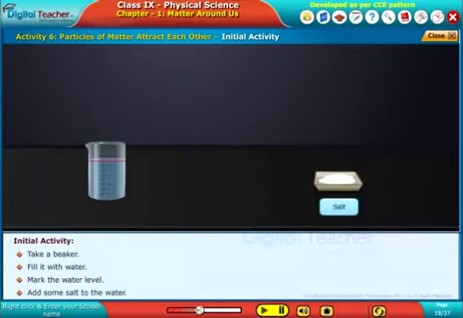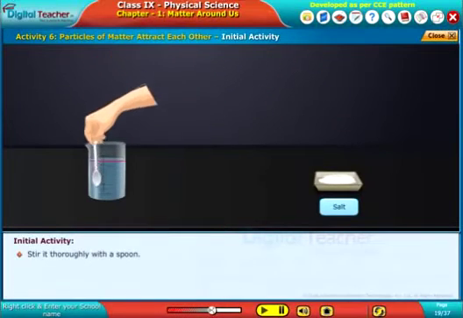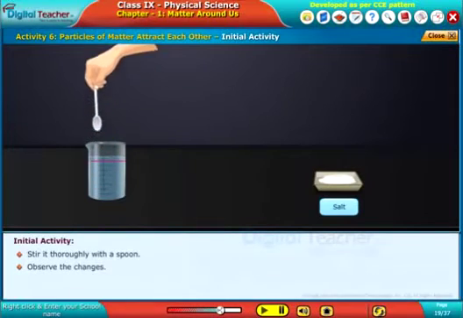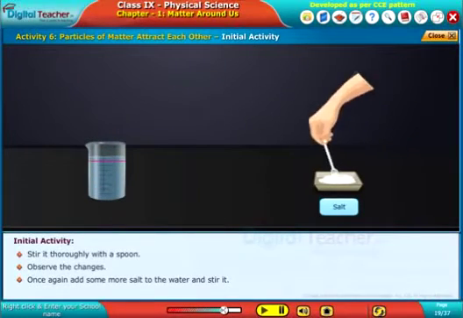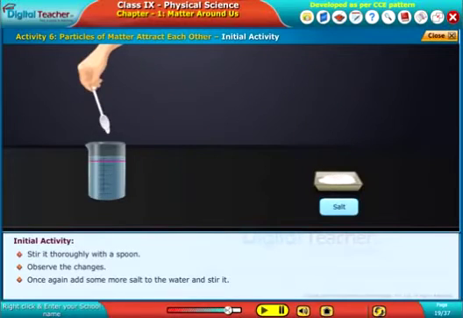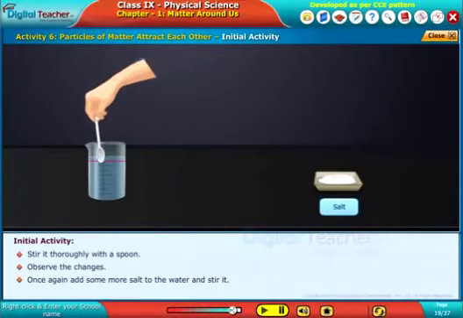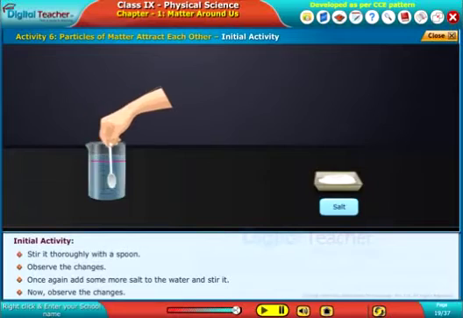Add some salt to the water. Stir it thoroughly with a spoon. Observe the changes. Once again, add some more salt to the water and stir it. Now, observe the changes.